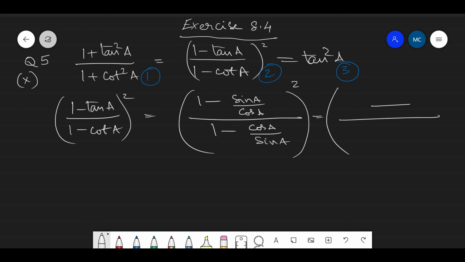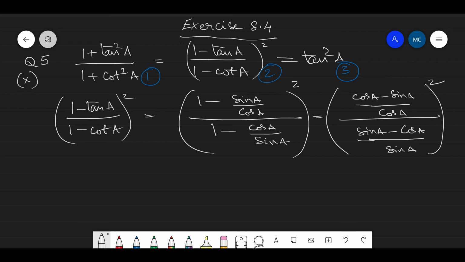The LCM will be cos A and here the numerator will be cos A minus sin A, and coming to the denominator LCM will become sin A, and here you will be getting sin A minus cos A whole square.